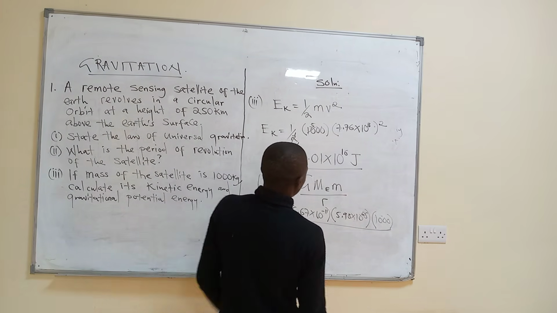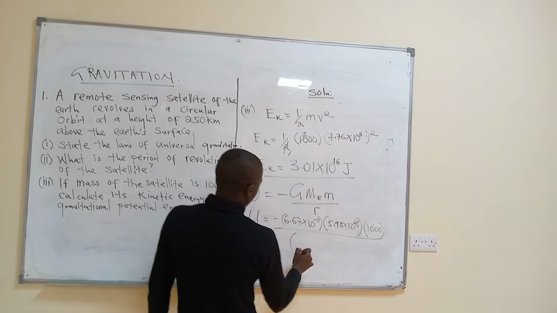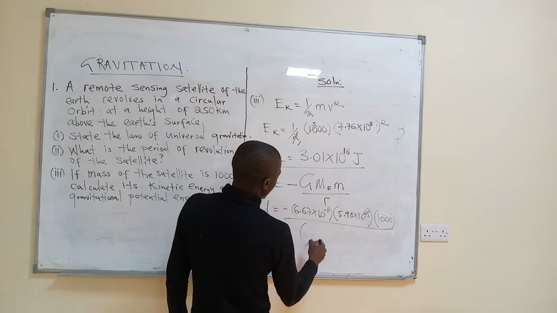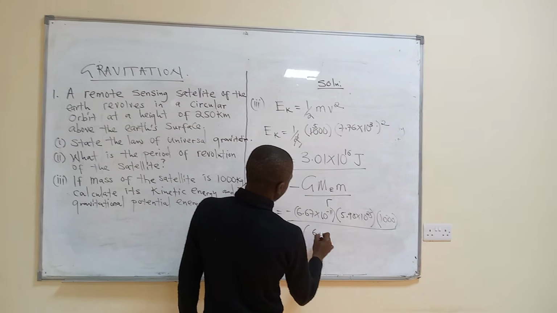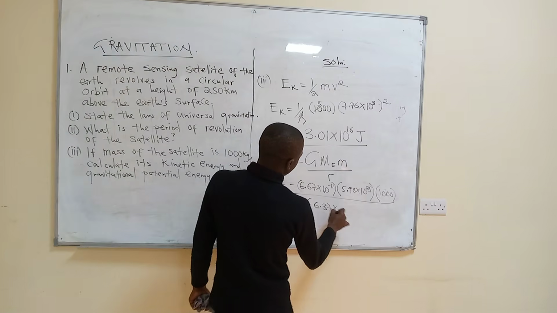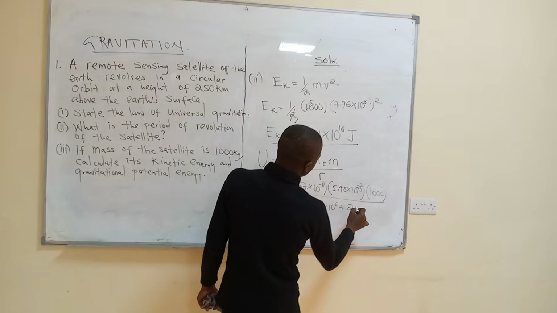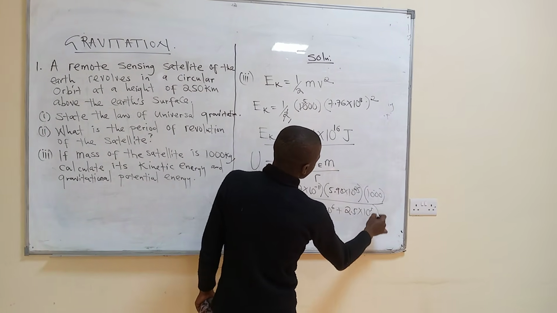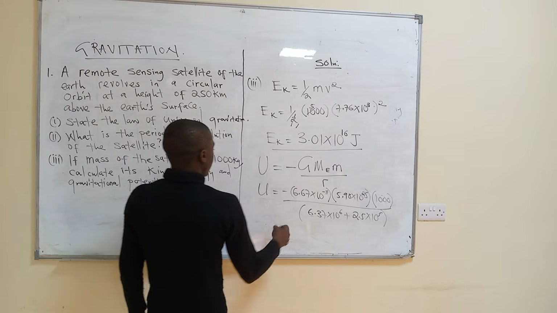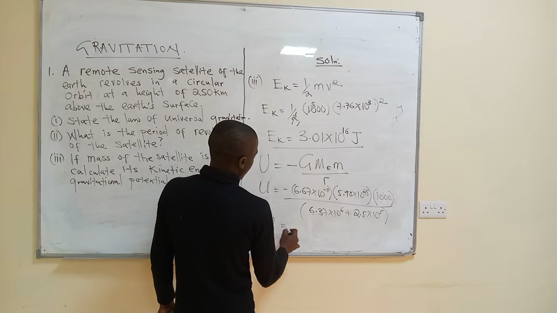And then, what about the radius? The radius you are supposed to add also. So, the radius of the earth plus the height that was 2.5 times 10 to the power 5. After punching everything, what was the final gravitational potential energy?